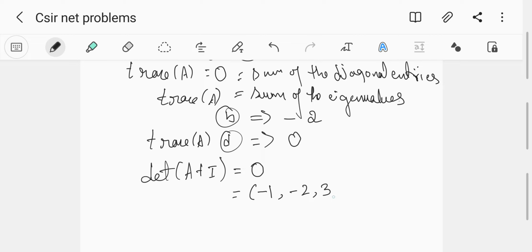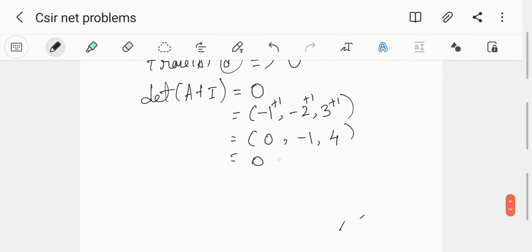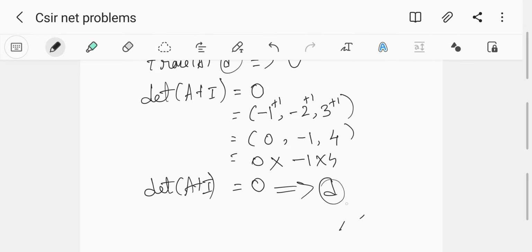To each of these eigenvalues we add 1, because of the identity matrix. We get 0, -2 plus 1 which is -1, and 3 plus 1 which is 4. The determinant of A plus I is the product of the eigenvalues of A plus I: 0 into -1 into 4 gives 0. So determinant of A plus I is equal to 0. This is also satisfied by option D. So option D is the correct solution.